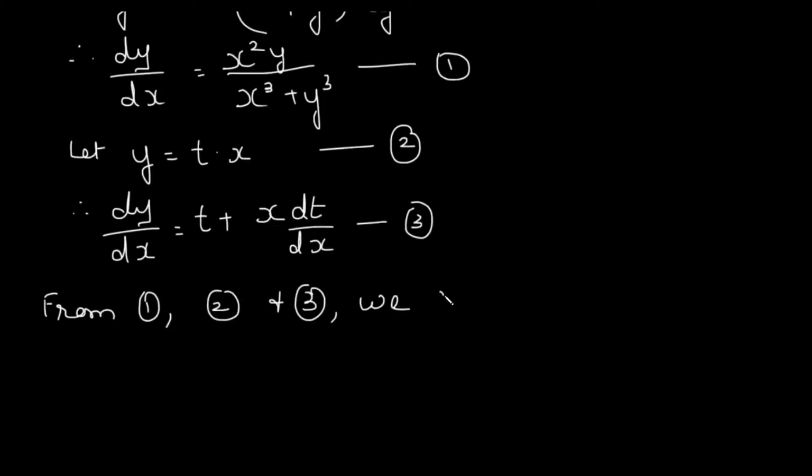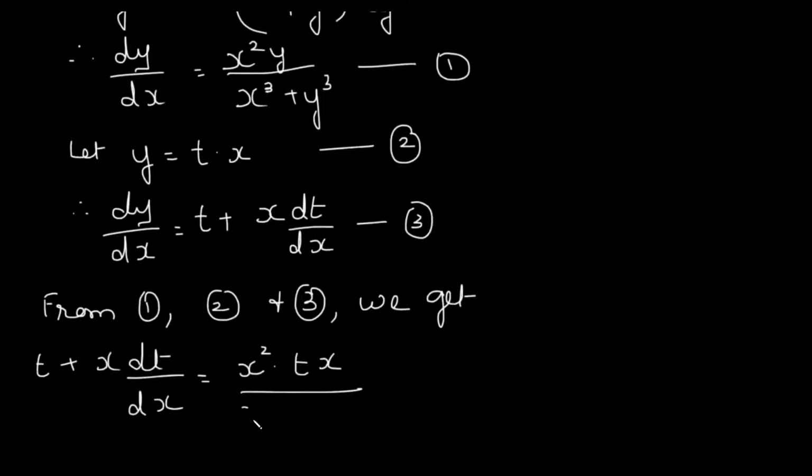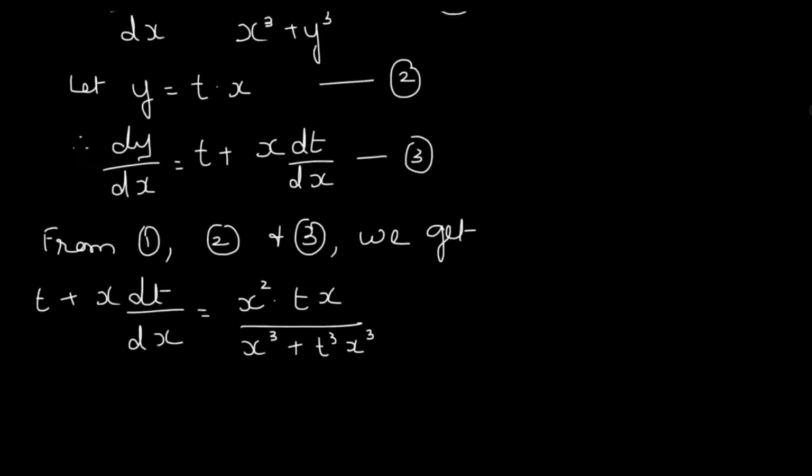So from 1, 2 and 3 we get, in equation 1, dy by dx being written as t plus x dt upon dx is equal to, on the RHS wherever y is there we put it as tx. So x square into tx upon x cube plus t cube x cube. We can simplify this one more step.